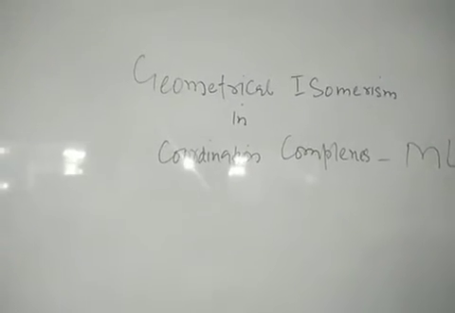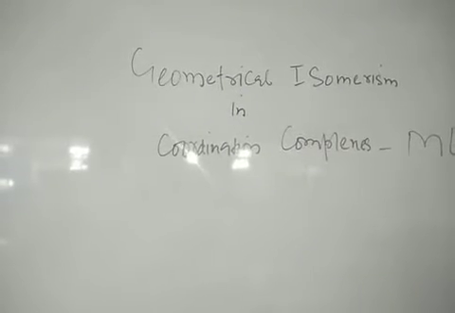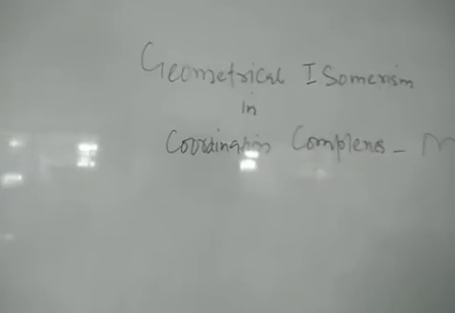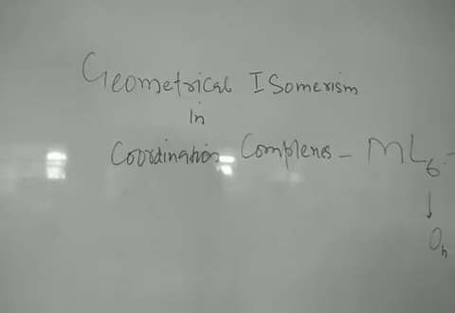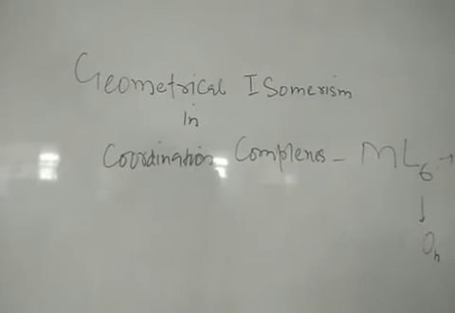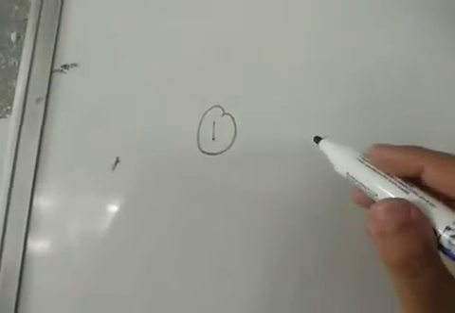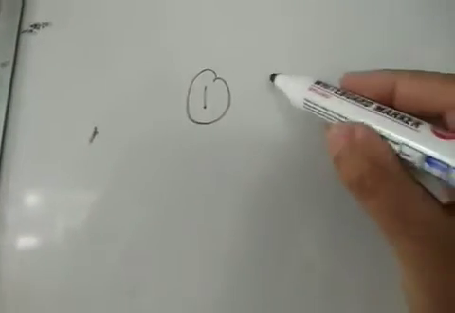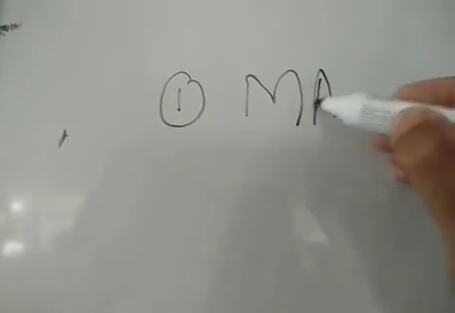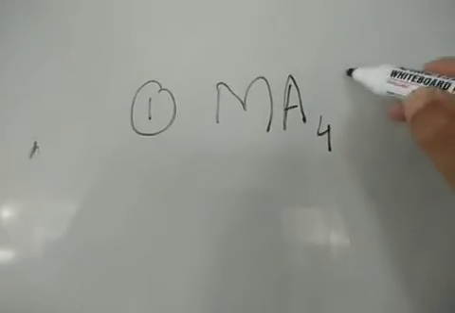Okay. So as far as isomerism in octahedral complexes is concerned, we'll start with the first type. हमारा जो first type होगा, the octahedral complex can exist as MA4B2 type.